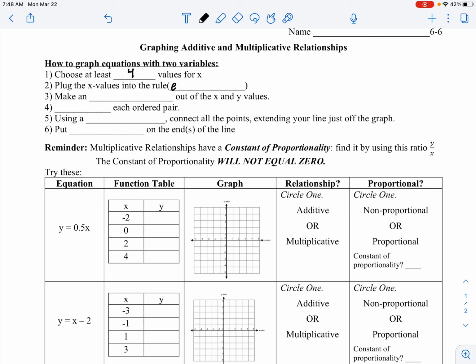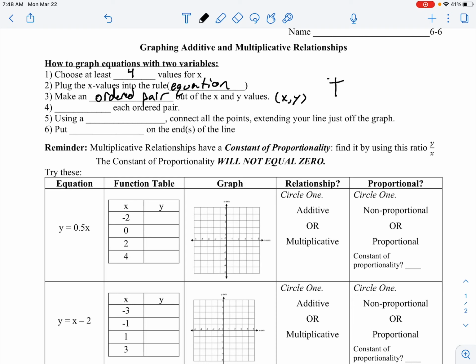Then we want to plug our x values into the rule, the rule being the equation, so we can figure out what the y values that correspond to those x values are. We want to make an ordered pair out of our x and y values, so we want that to look like x comma y.